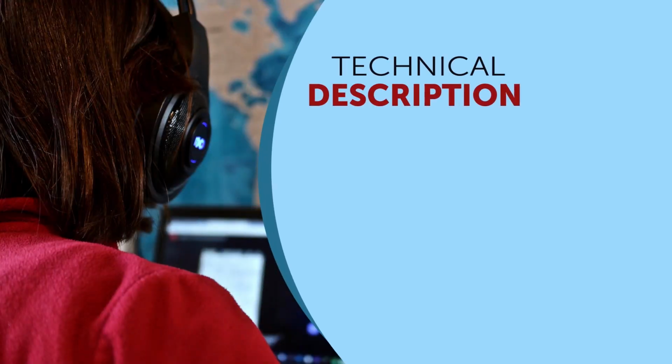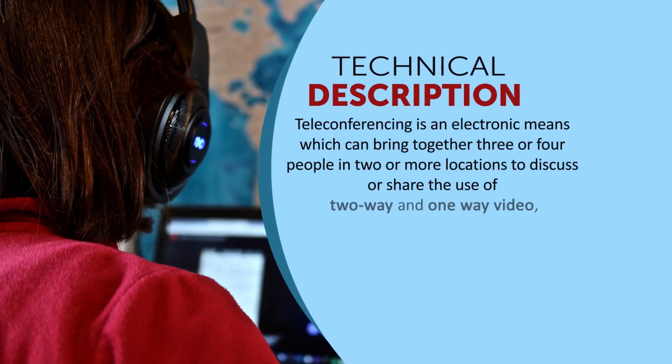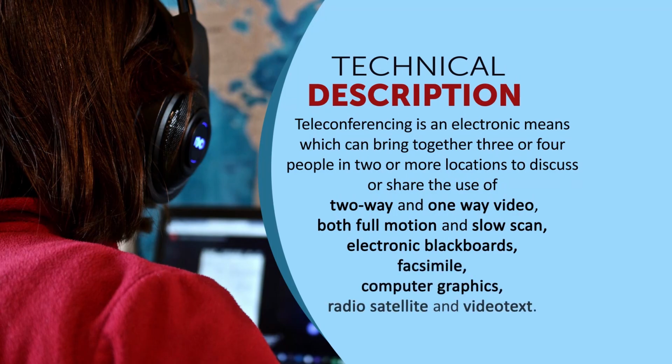Technical description. Here the technical description is that it is an electronic means which can bring together three or four people in two or more locations to discuss or share, using two-way and one-way video, both full motion and slow scan, electronic blackboards, facsimile, computer graphics, radio, satellite and videotext.